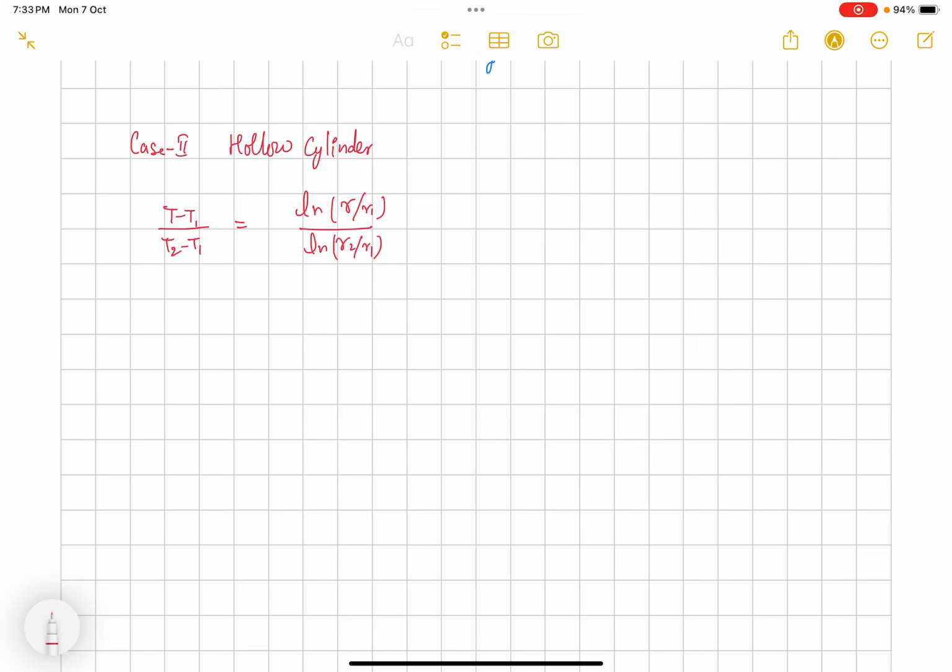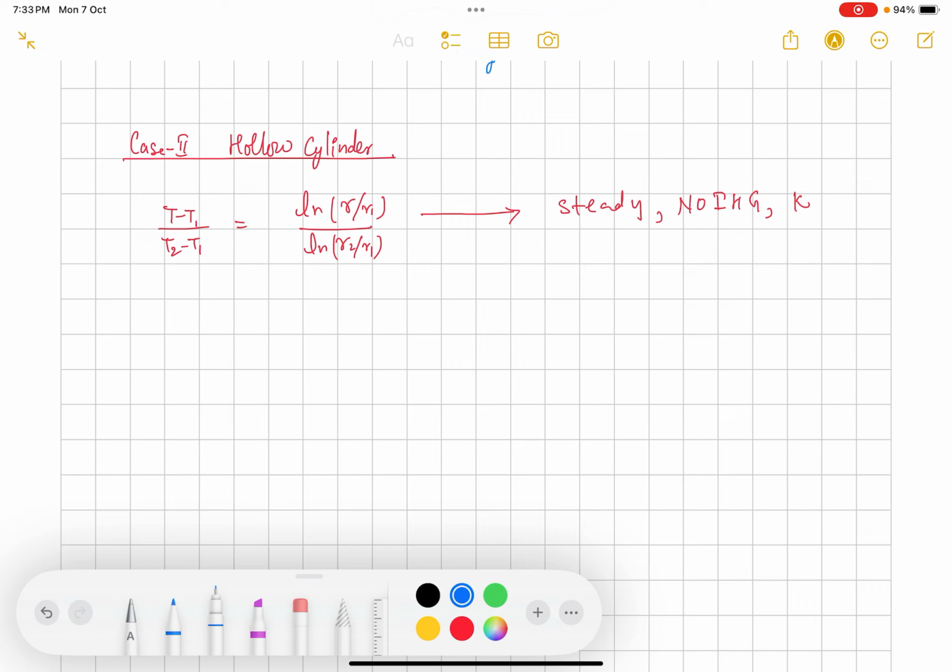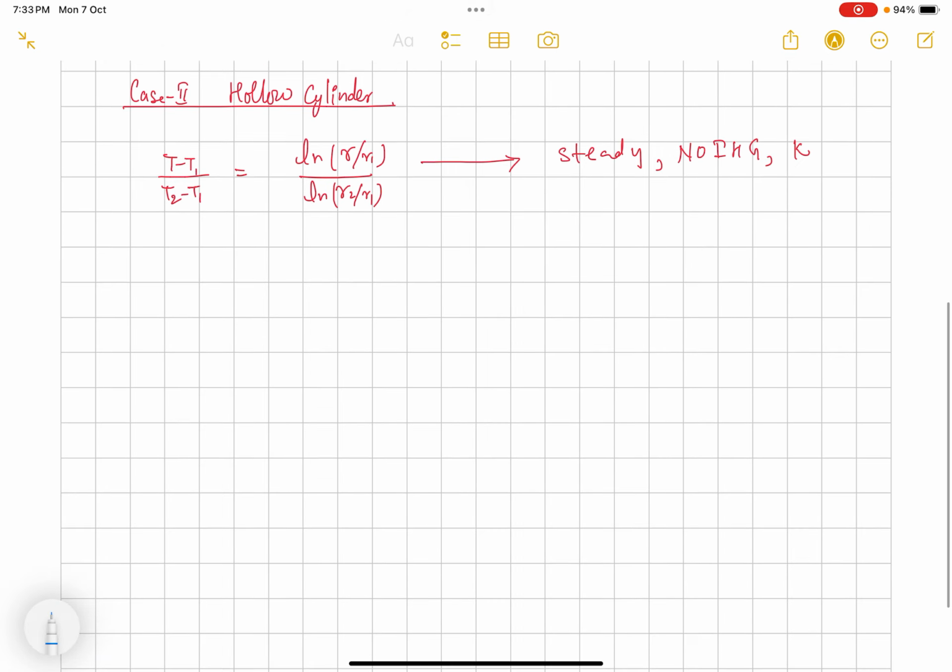We have seen this derivation for steady state temperature distribution, no internal heat generation, and constant thermal conductivity. So just keep this in mind. I will show you some results when we derive the result for this particular case.